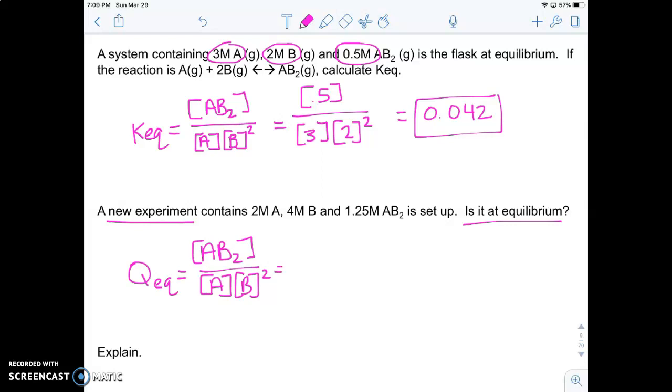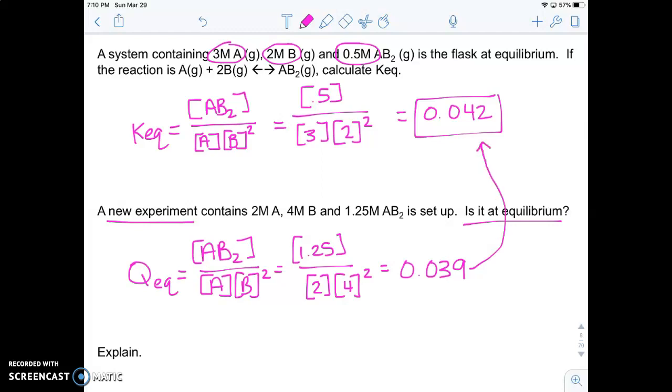We're going to plug in the numbers they give us. I have 1.25 for AB2. I have a molarity of 2 for A. I have a molarity of 4 for B. If you throw that in your calculators and solve, you get 0.039 as your QEQ. So I want to know, is it at equilibrium?